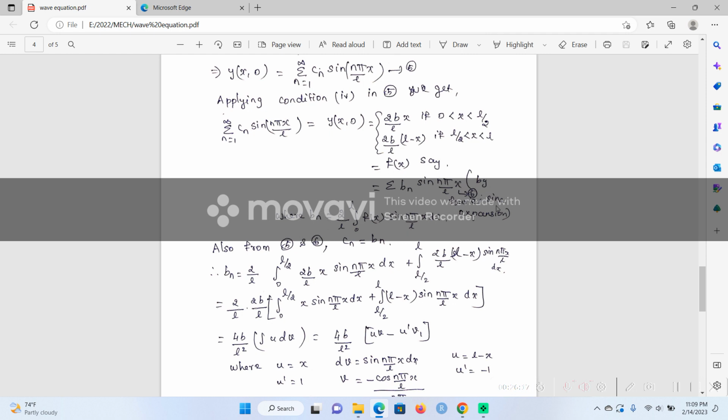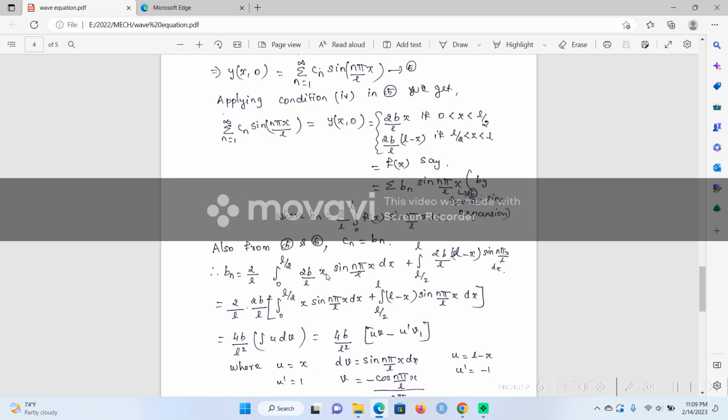I know how to find bn using this Fourier sine expansion formula, which is 2/L integral 0 to L/2, because our x is split into two intervals. So it is 0 to L/2 f of x, which is 2b/L x, sin(nπ/L x) dx, plus integral L/2 to L, and this is our f of x value, into sin(nπ/L x) dx.